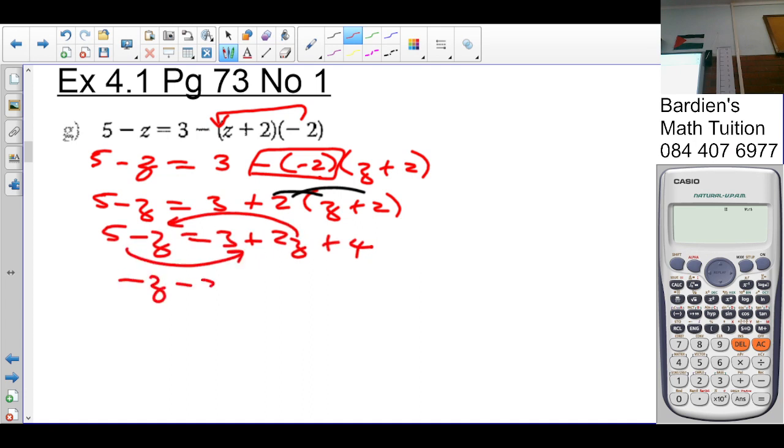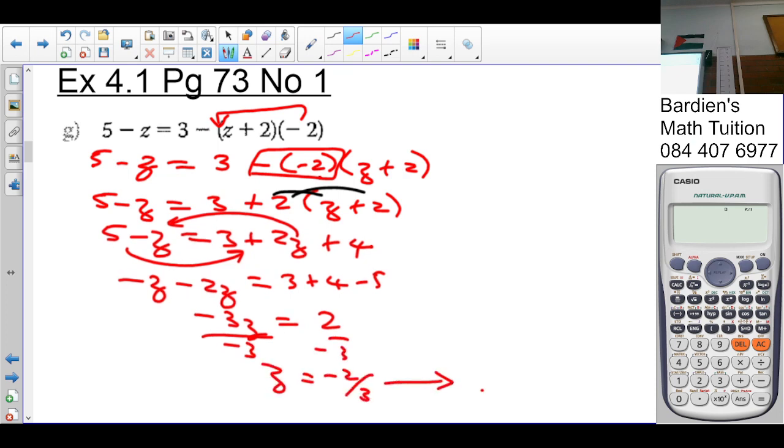We've got negative z minus 2z is equal to 3 plus 4 minus 5, which is 2. It's negative 3z. Divide by negative 3 both sides, z is then equal to negative 2. Is that correct? Right. Who else made a mistake on the sum? Nobody else. Okay?